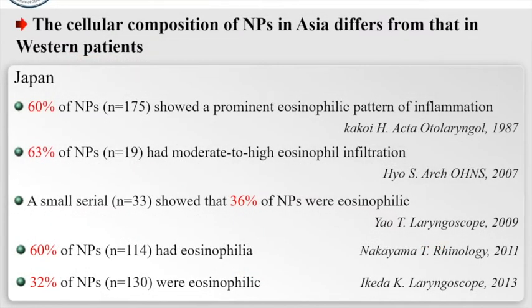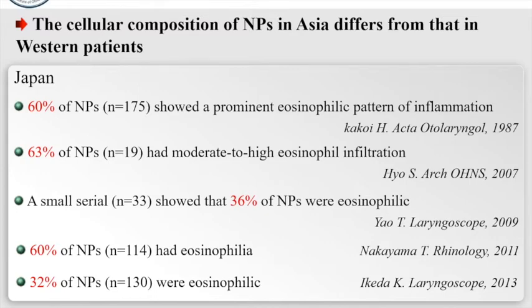Previous studies have demonstrated that the cellular composition of nasal polyps in Asia differs from that in Western patients. In Japan, as early as 1980s, only 60% of a large series showed prominent eosinophilic pattern of inflammation. After that, two studies reported similar percentages, 60% and 63%.